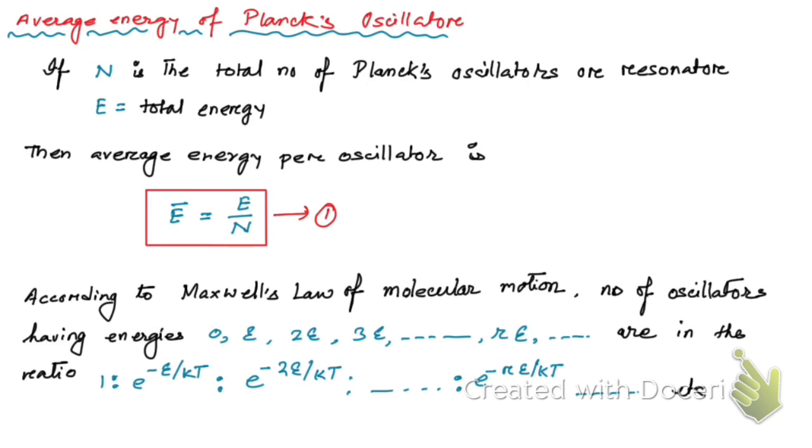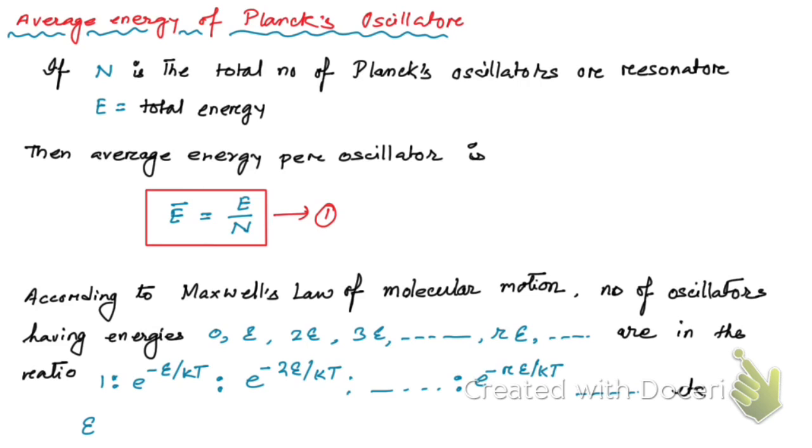Now the energy of an oscillator is considered to be an integral multiple of epsilon, which is equal to h nu.